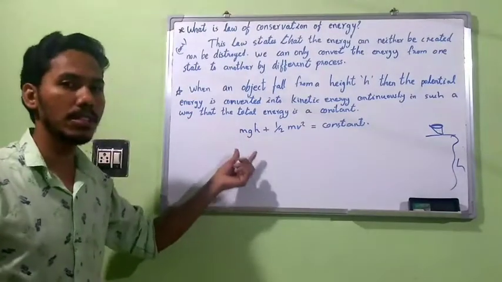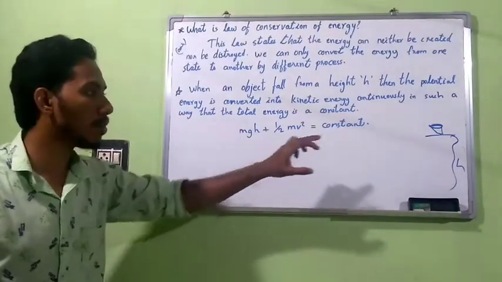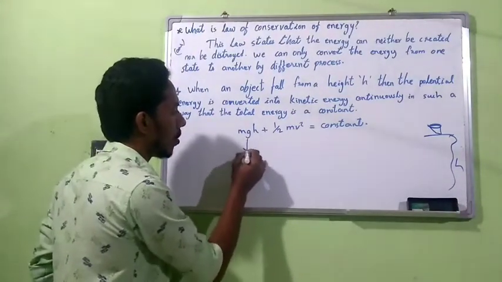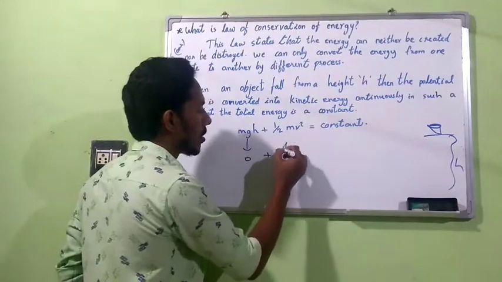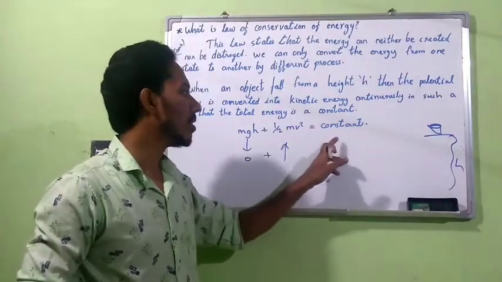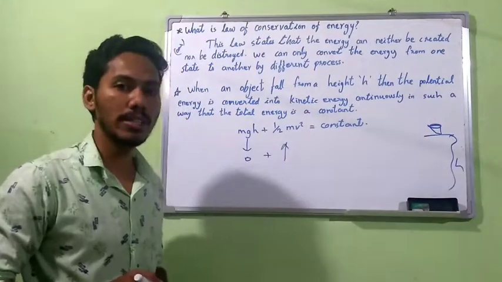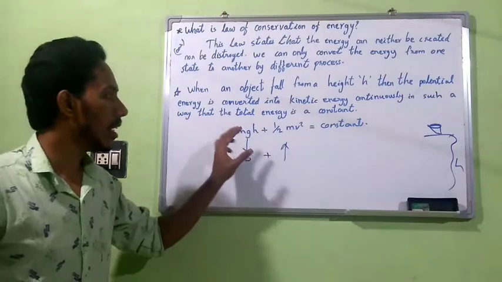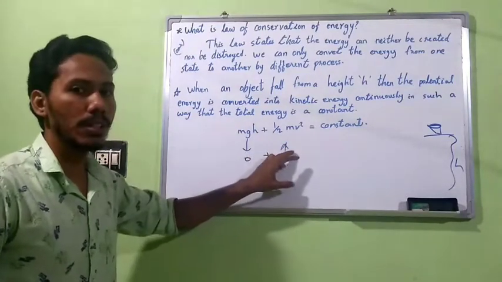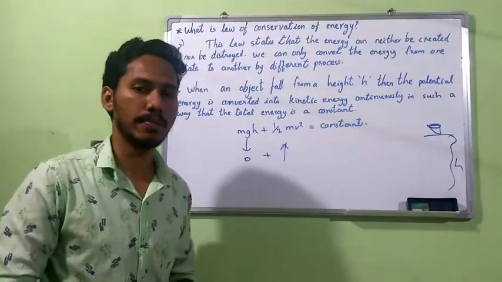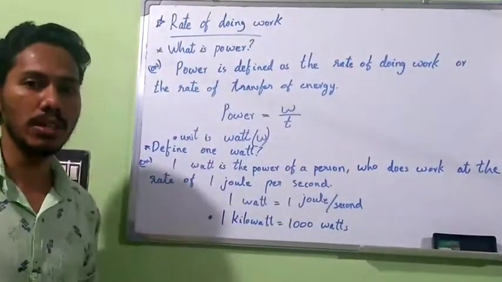When h is equal to 0, mgh is 0 but kinetic energy, half mv square, is maximum, and the total value is always constant. Energy is neither created nor destroyed. mgh is converted into kinetic energy, half mv square. So the total is constant.